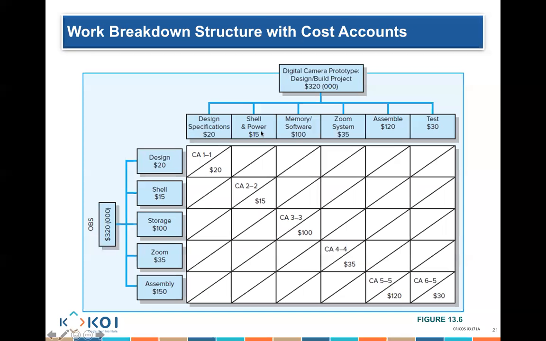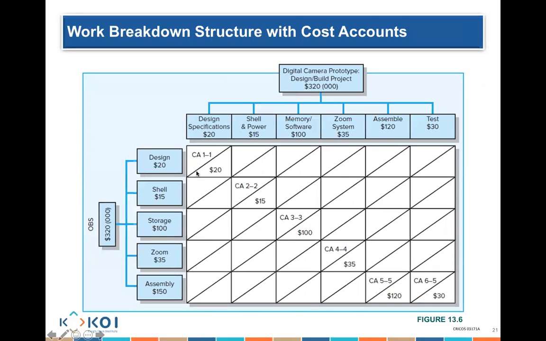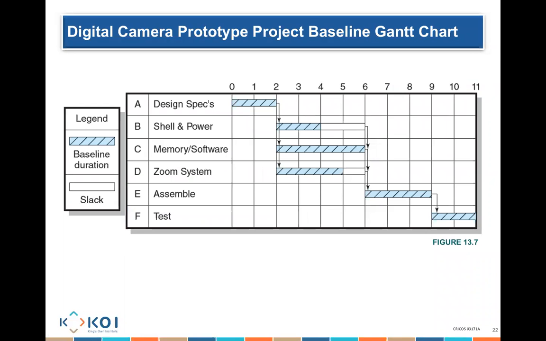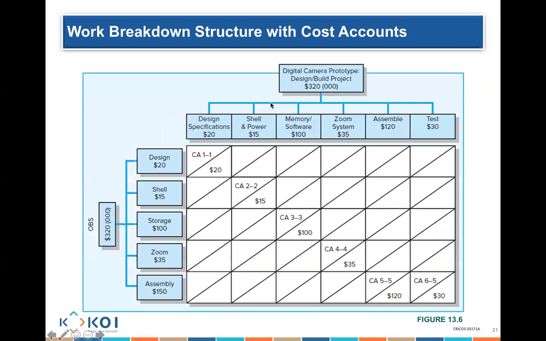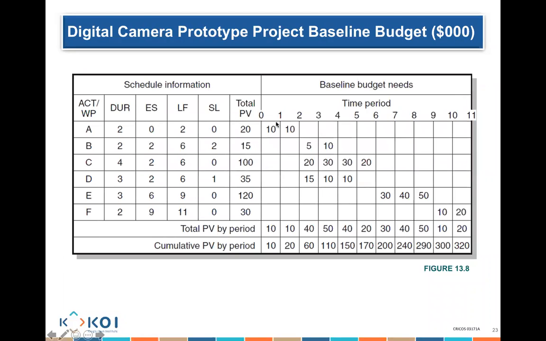So if I know, for example, the first activity, design specification, is $20, and it's going to take 2 days, then I know the cost could be $10 per week. Why? Because it's $20. You might want to divide it equally per week. So for this activity, the original cost is 20. It takes 2 days. That means I'm going to spend $10 here and $10 here.